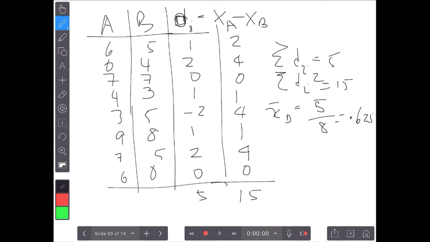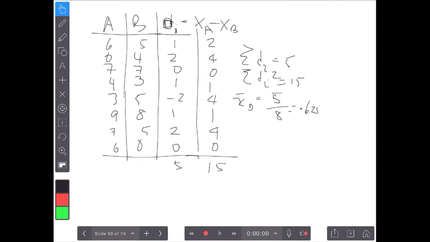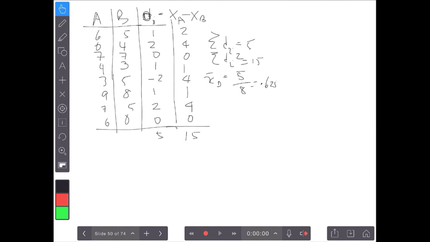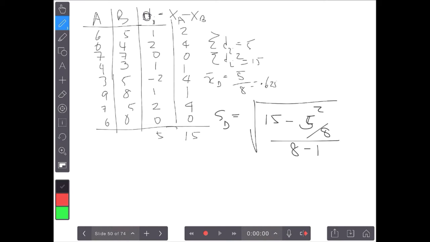S D would be the square root of 15 minus 5 squared over 8, divided by 8 minus 1. And when we take the square root of that, it turns out to be 1.30. So now I could calculate my t-value.